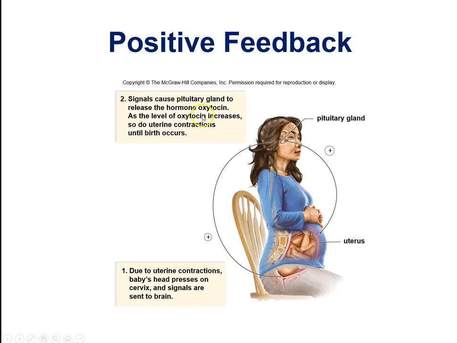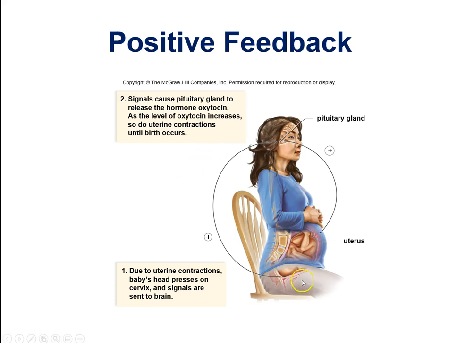So once those oxytocin levels increase, then contractions increase. So you had some contractions happening that then sent a signal to the brain to release a hormone that causes more contractions to happen. So you're getting further away from that set point, which is essentially no contractions.